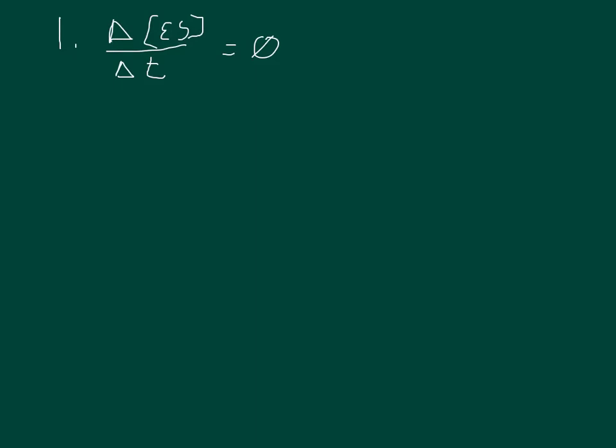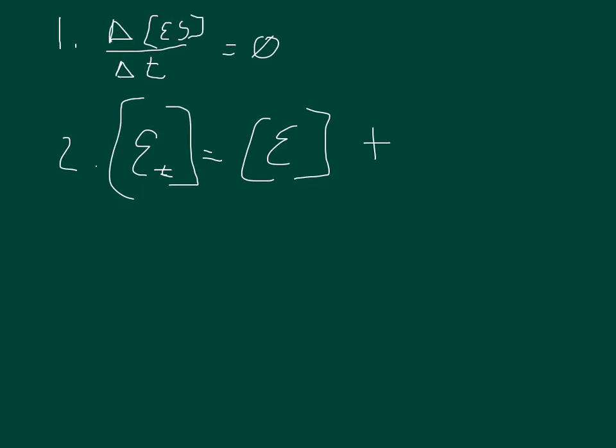There is no change. Now the other thing we want to look at is the total amount of enzyme. So the total amount of enzyme available in a solution, we're going to say the concentration, is equal to the concentration of enzyme by itself plus the concentration of the enzyme substrate complex.